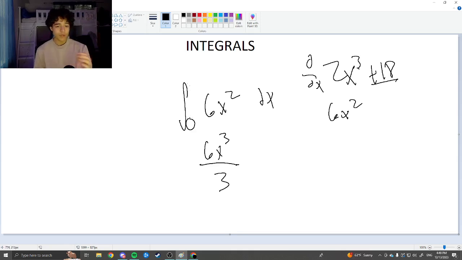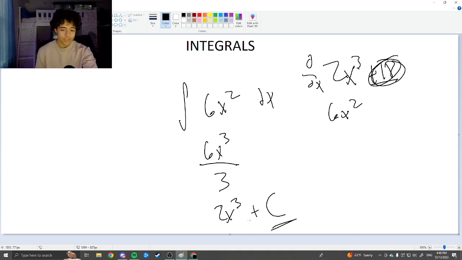When we integrate something with no numbers here, just in case there was a constant in your original function, you write plus c for plus constant. It doesn't matter what this number was, but just in case there was one, you put c here. So anytime you integrate something with no bounds, no numbers that you're plugging in, you should have plus c at the end.